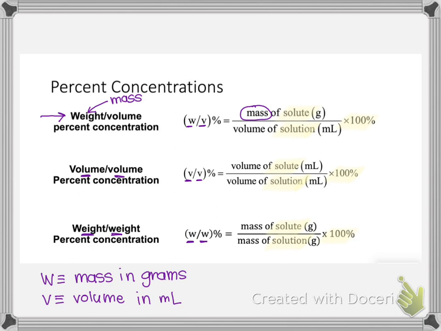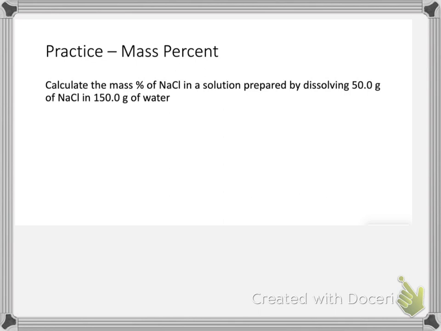So now I have several example problems that I want to do using these equations. It says mass percent on the top, but let's pretend we didn't know that. It says, calculate the mass percent of sodium chloride in a solution prepared by dissolving 50 grams of NaCl in 150 grams of water.